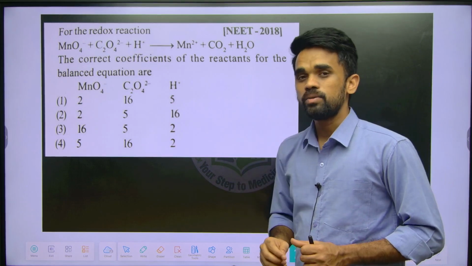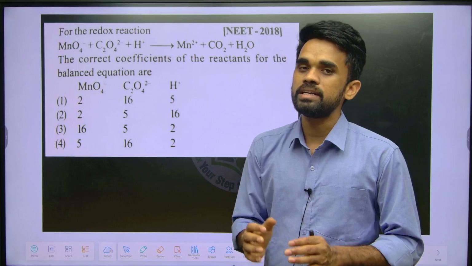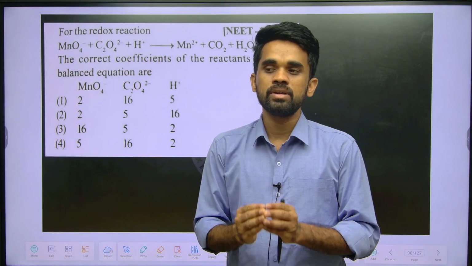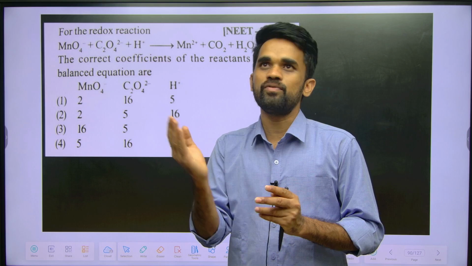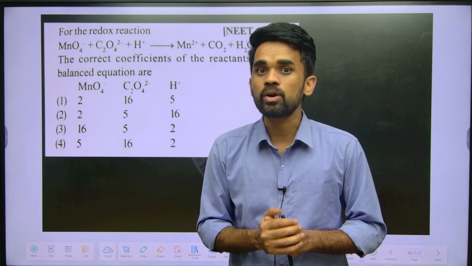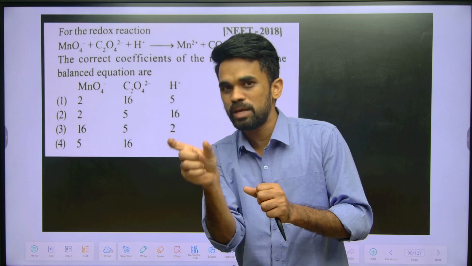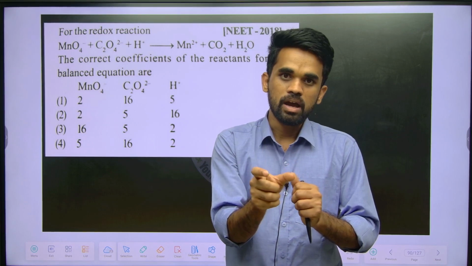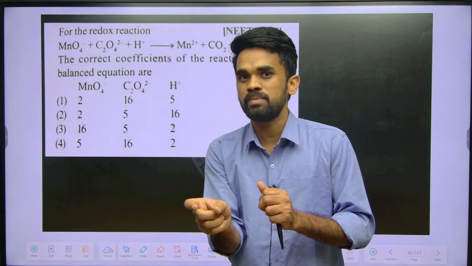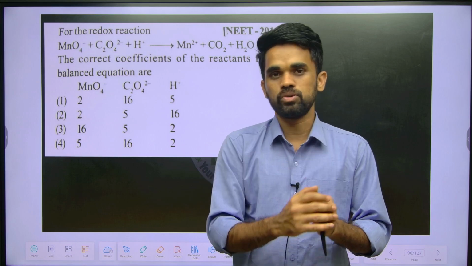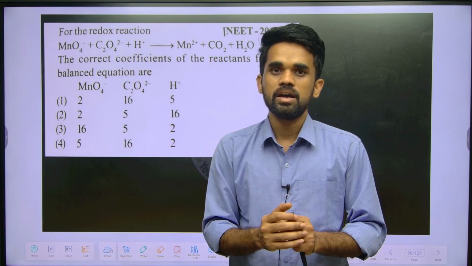If you remember, I started discussing redox reactions in the last 4 sessions. In that session I explained what we mean by oxidation and reduction and the calculation of oxidation number for different compounds. That discussion is already done.